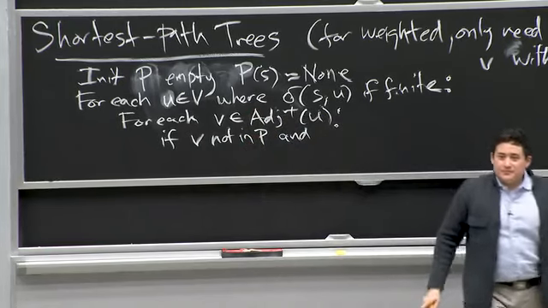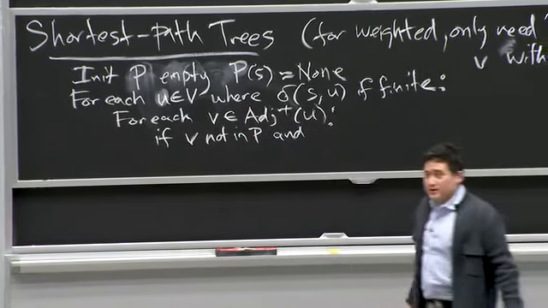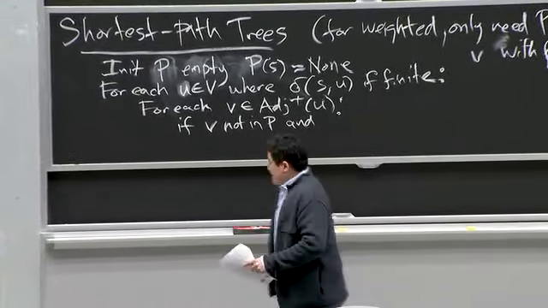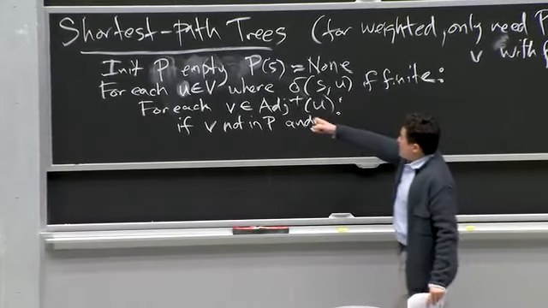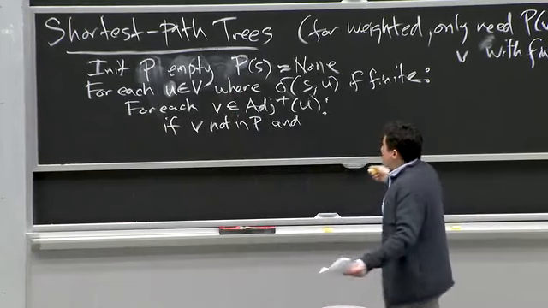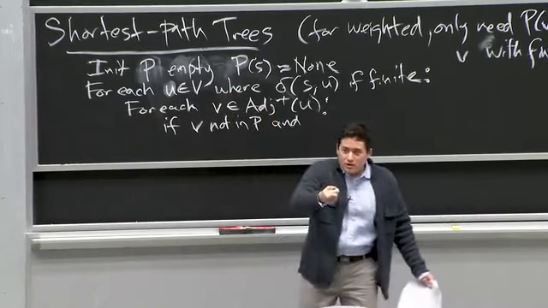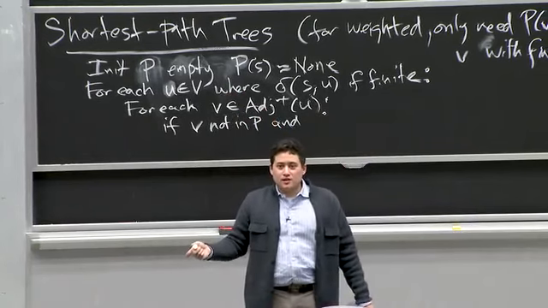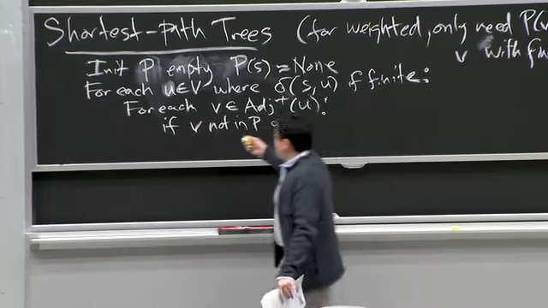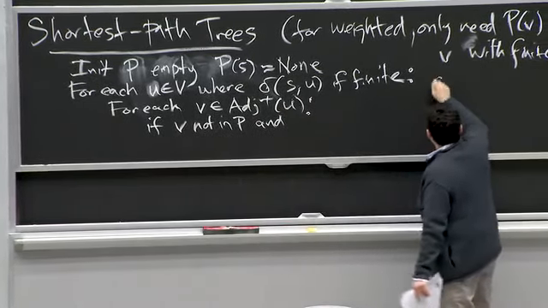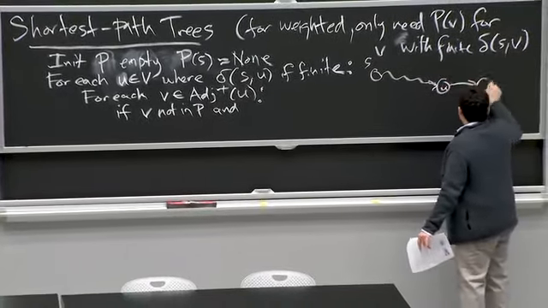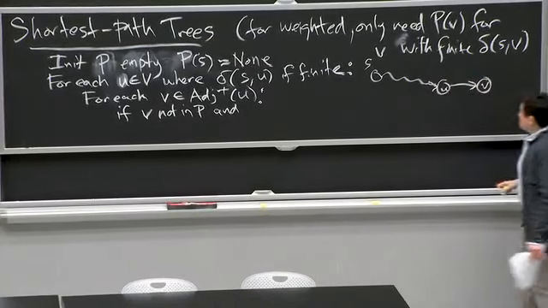When is it my parent? Along the shortest path. Sure, when you sum the distance along the edge to the distance to the other. Yeah, so we have some edge from u to v. It has some weight. If I already know the shortest path distance to u, and I know the shortest path distance to v, let's draw a picture here. We've got s, we've got some path here to u, and we've got an edge from u to v.